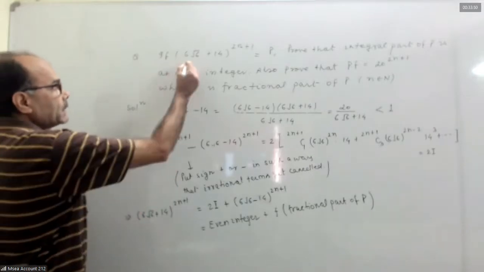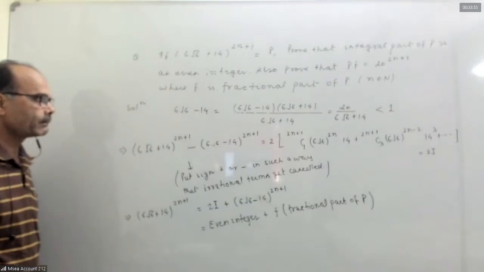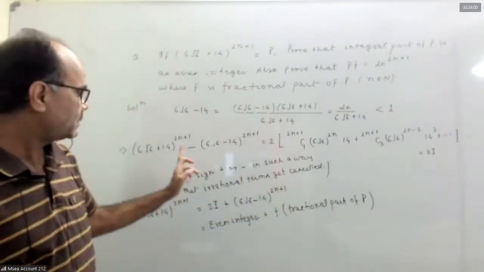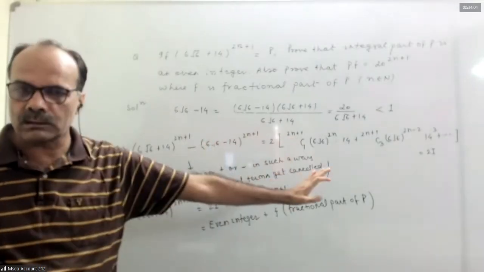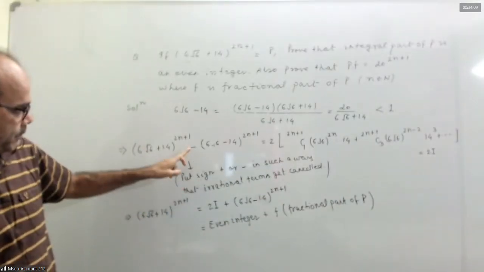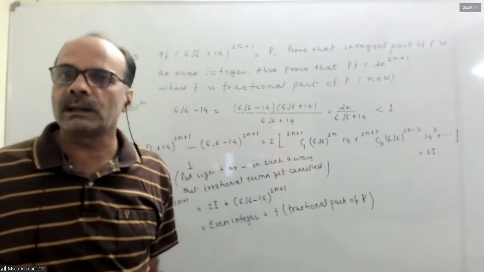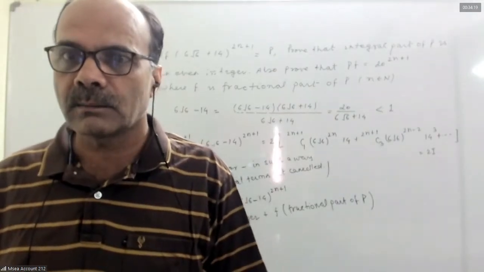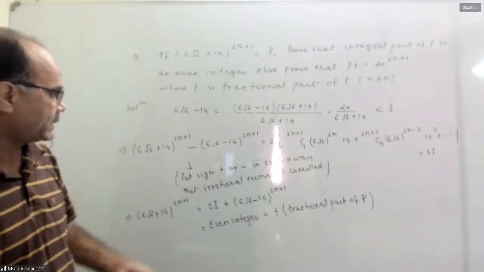Next step. Taking this number and this number, the power is same, so the alternate terms will get cancelled. The idea is, whether you take the plus sign or minus sign, the alternate terms get cancelled. While putting plus or minus, we keep in mind that the irrational terms should get cancelled. If you take the plus sign here, the first term would have been added.